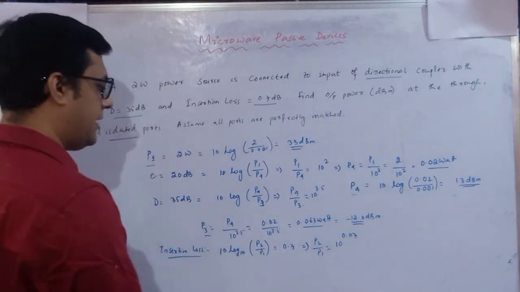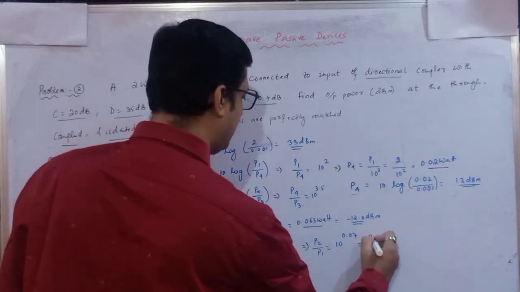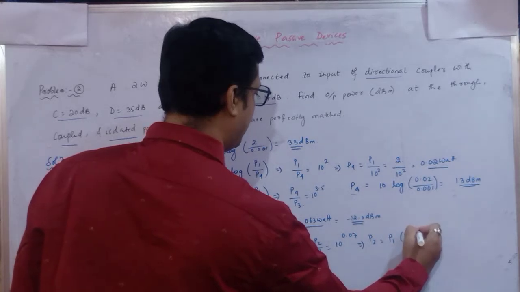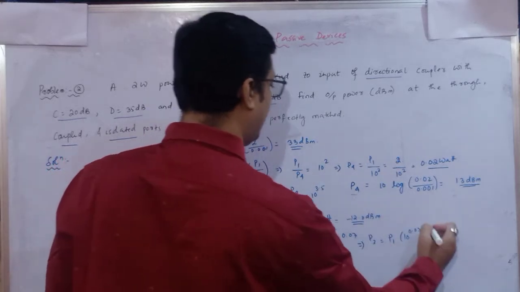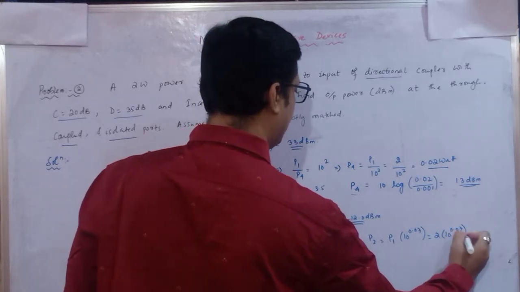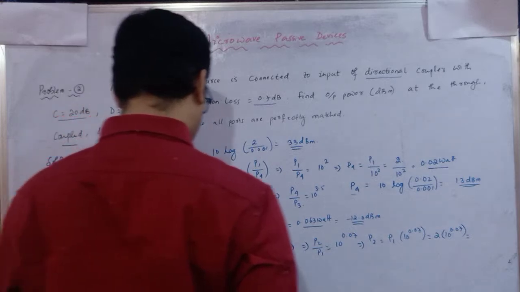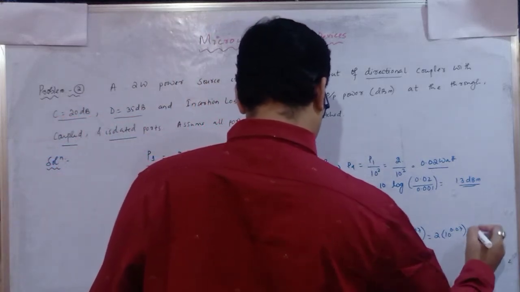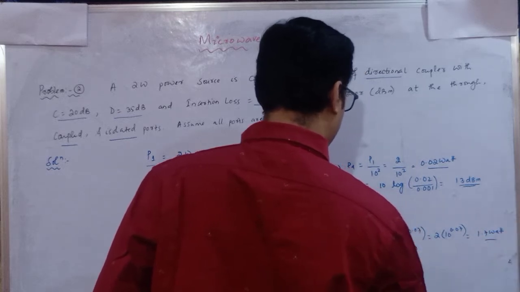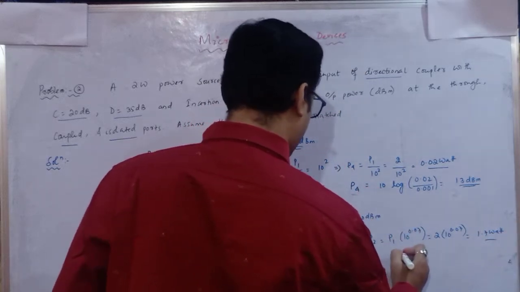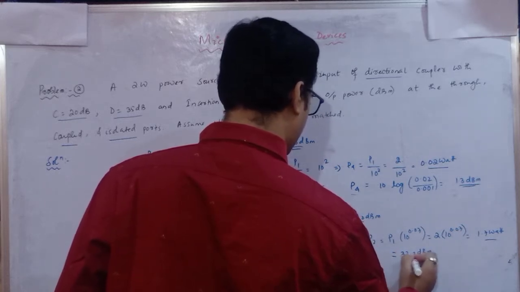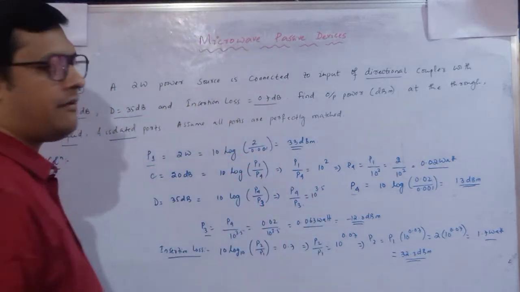P2 equals P1 into 10 to the power 0.07. P1 is 2 watt, so 2 into 10 to the power 0.07 equals 1.7 watt. Convert this into dBm, you will get 32.3 dBm.